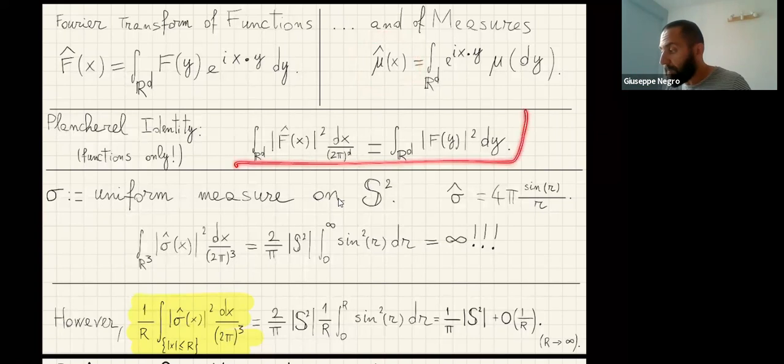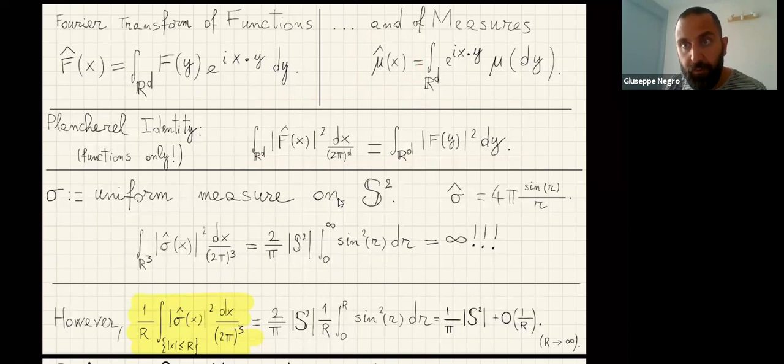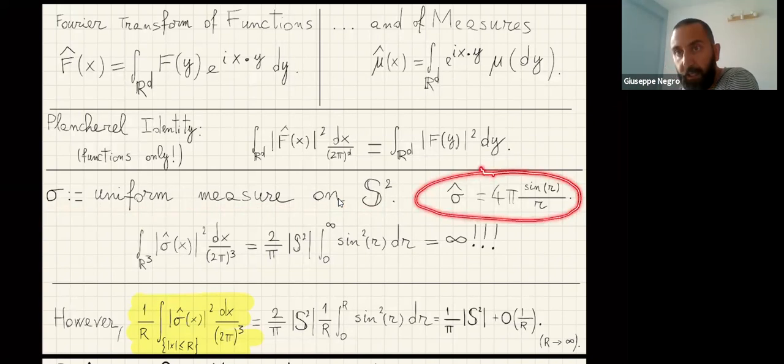But this cannot work verbatim. I propose here an example, which is, in my opinion, the right entry point to the estimate of Agmon-Hörmander. Consider this measure here, the uniform measure on the round sphere; sometimes it's called the surface measure, as you wish. There is a computation, which is a classical computation of analysis.